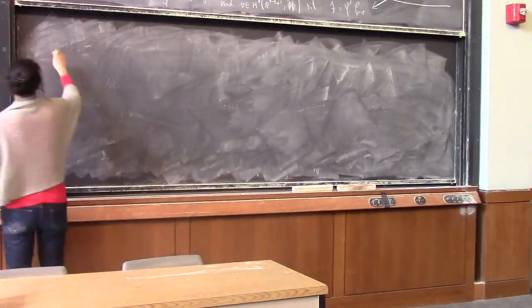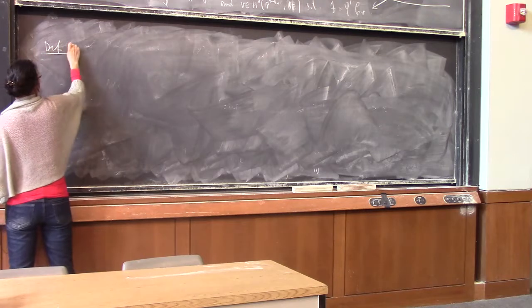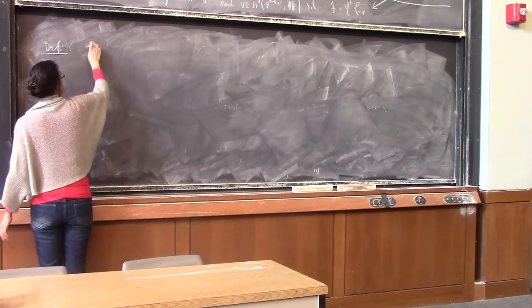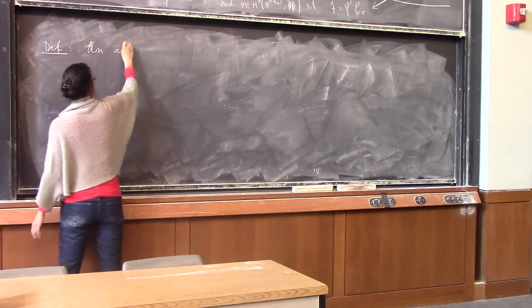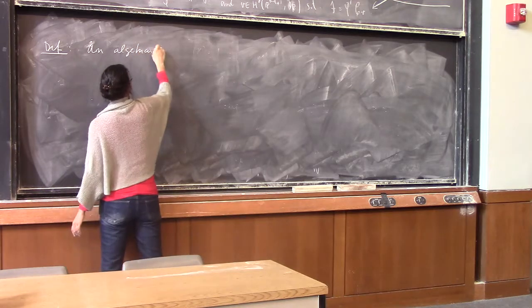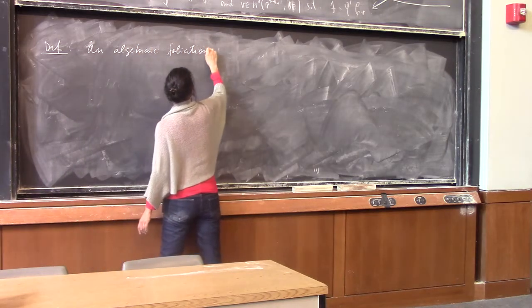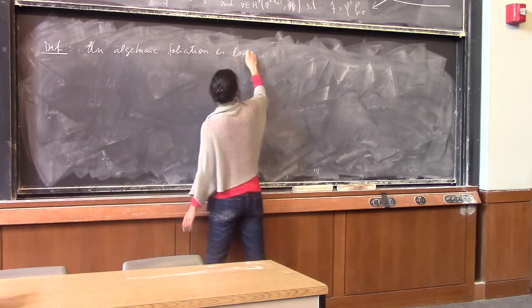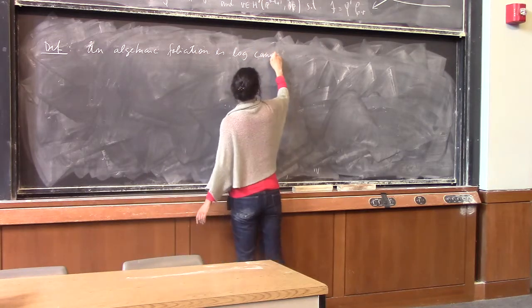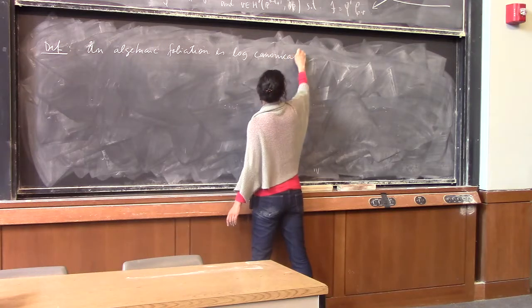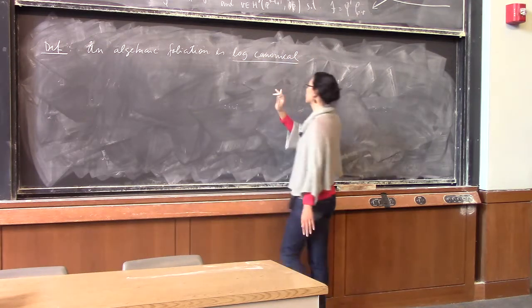So we say that an algebraic foliation is log canonical. Let me just say log canonical for this talk.